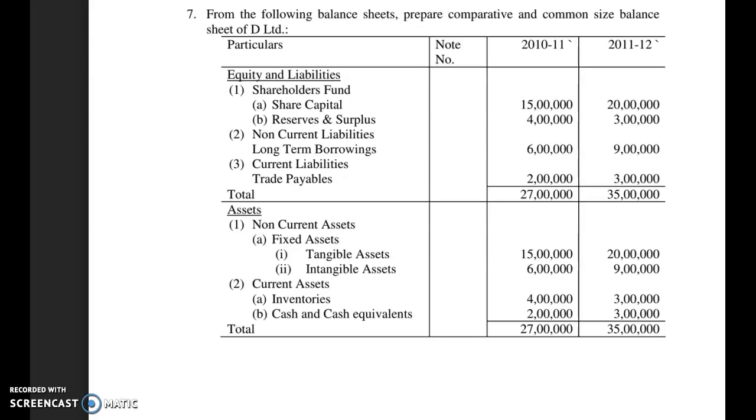While discussing the various tools, I had shared with you that they include comparative statements, common size statements, trend analysis, ratio analysis, input output analysis, cash flow statement, funds flow statement, break even point, and various other tools used for the analysis of financial statement information.